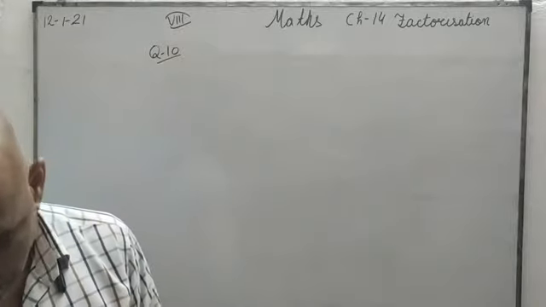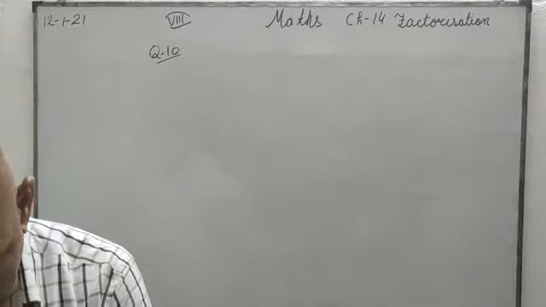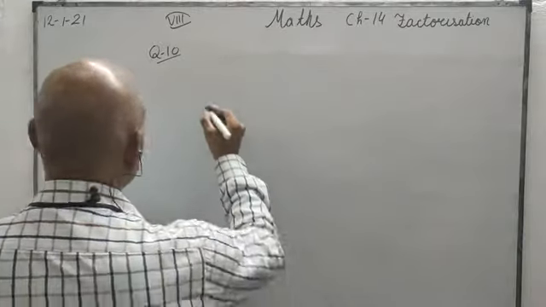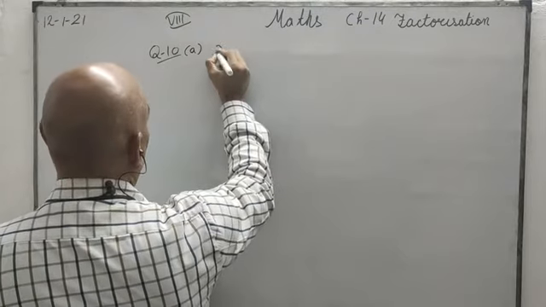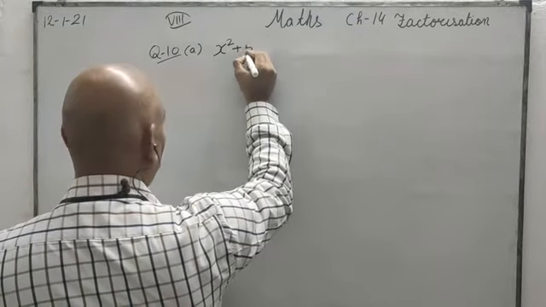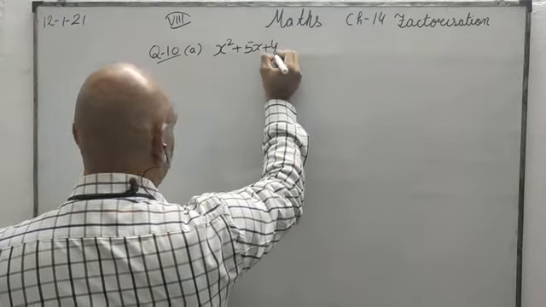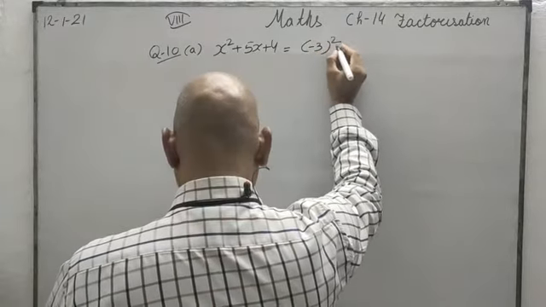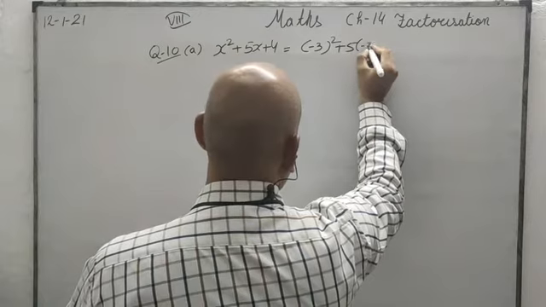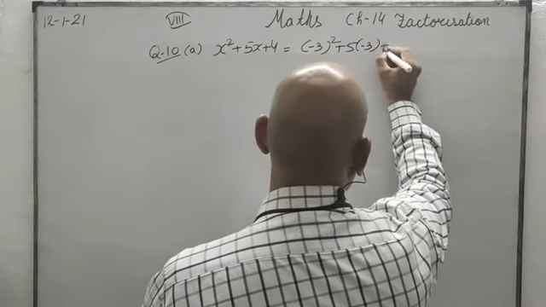What is question number 10 saying? Substituting x equals minus 3 in, it is having 3 parts. X square plus 5x plus 4 gives minus 3 square plus 5 into minus 3 plus 4.